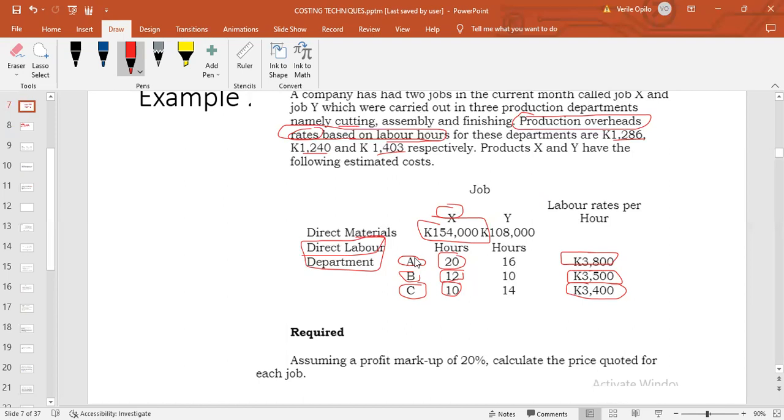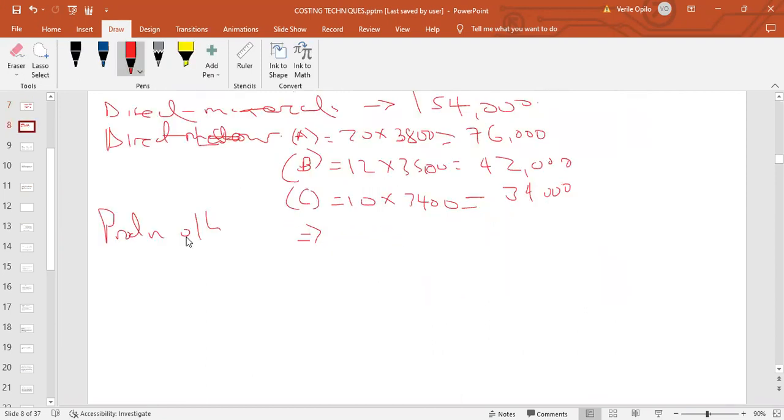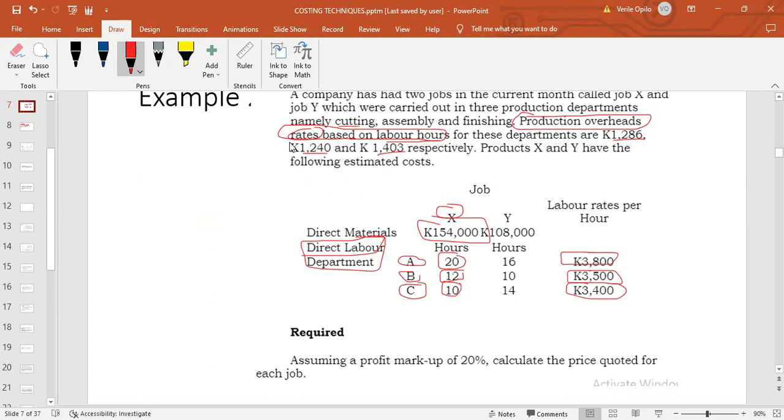So in this case, we come here and say, production overheads. We have the three departments. The first department we had was the cutting department.